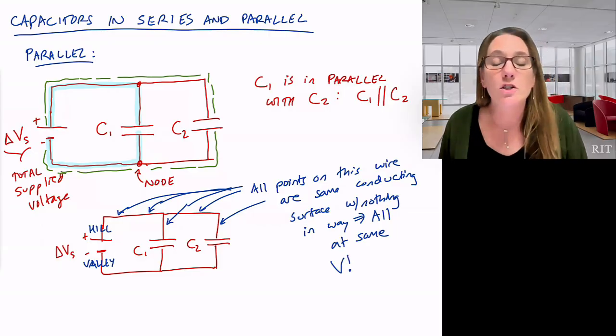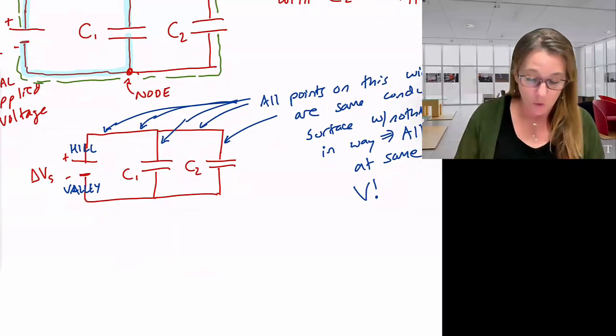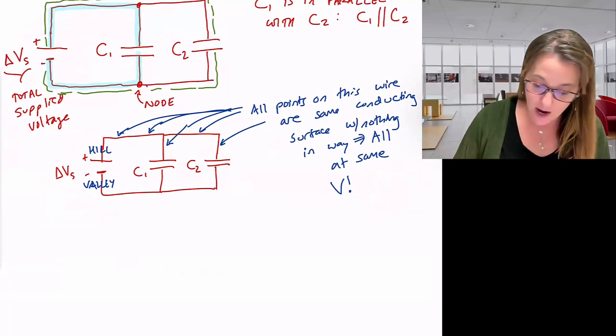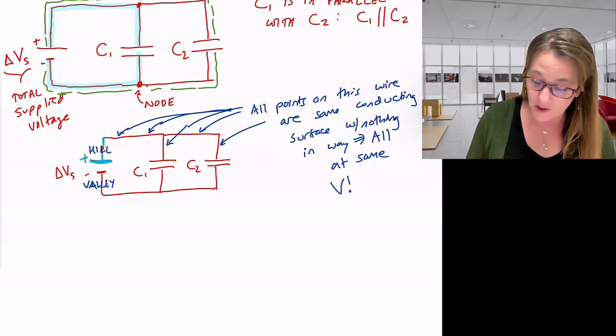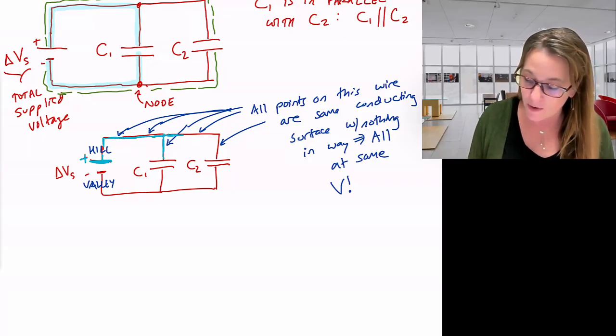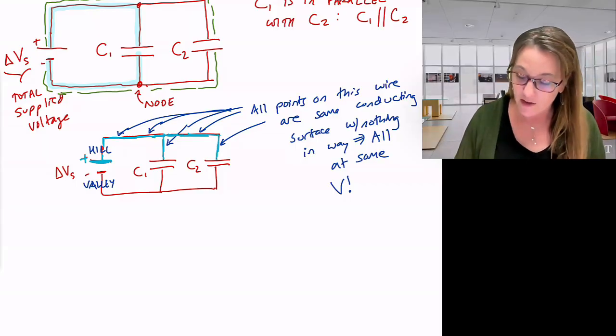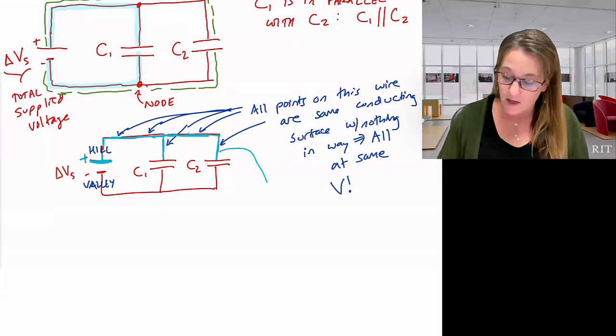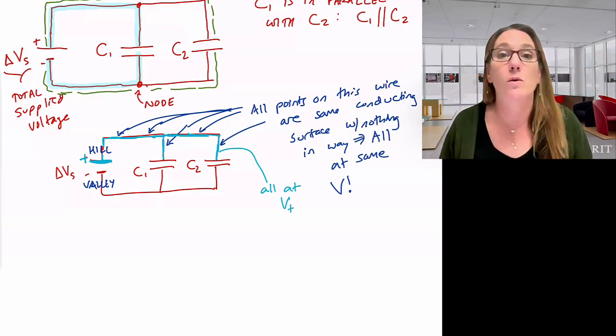So when we visualize a circuit like this, we want to see that every part of this positive voltage that I go through, I'm not passing any circuit element, there's nothing in the way. This whole part is all going to be at my voltage plus of the power supply.